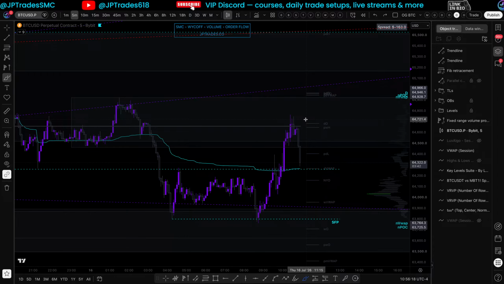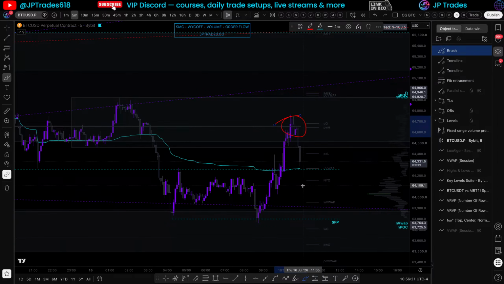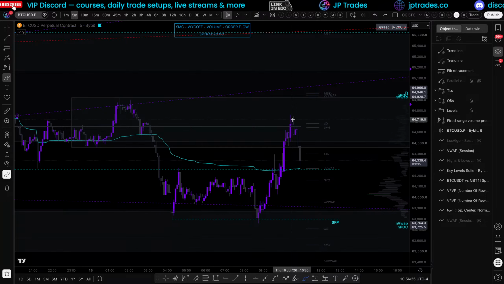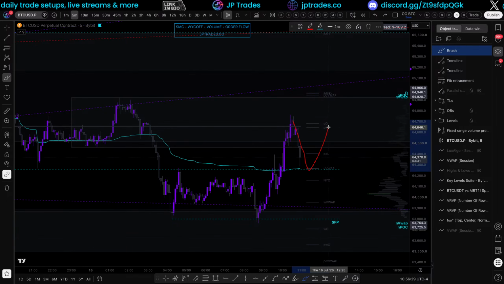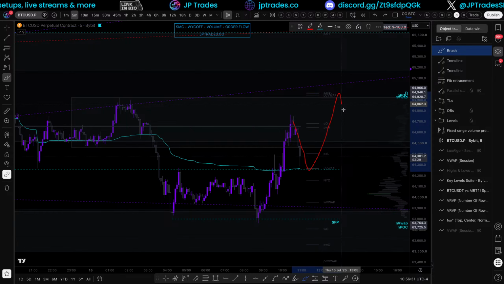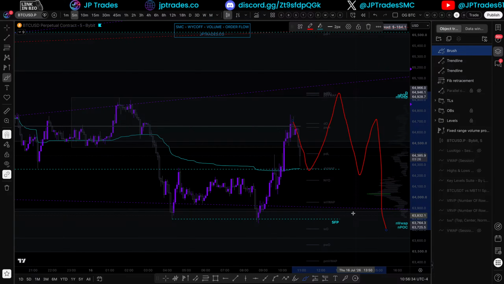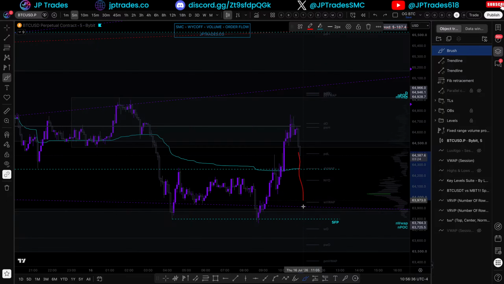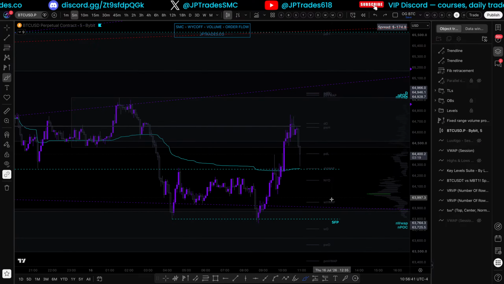And this was that exact area, the first area I was looking for a short. And again, like I've already said, I think we could backtest that VWAP, go higher, then come on down. Or maybe we just go ahead and sweep this now and then come up to this level. Either way, right? So it doesn't matter.